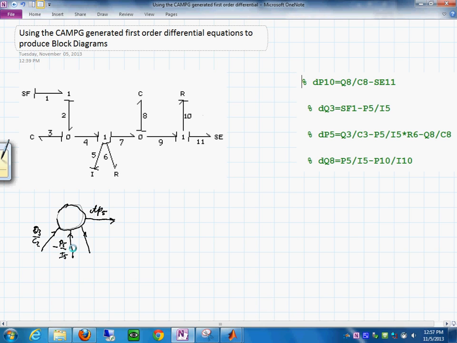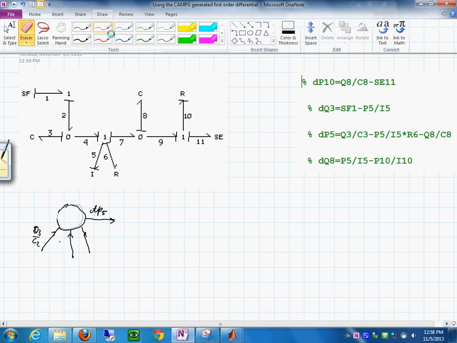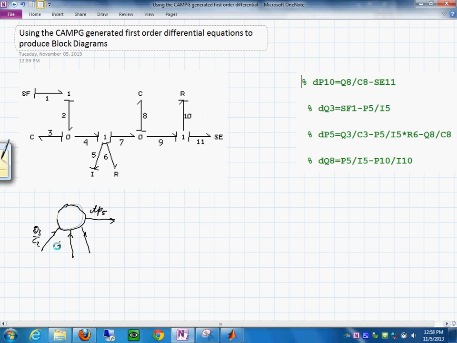And then the other one is going to be q sub 8 over c sub 8. Let's put the second one perhaps on the last part, a little easier to see. Okay, so this is the q sub 8 over c sub 8, and this is going to be the minus p sub 5 over I sub 5, like that.